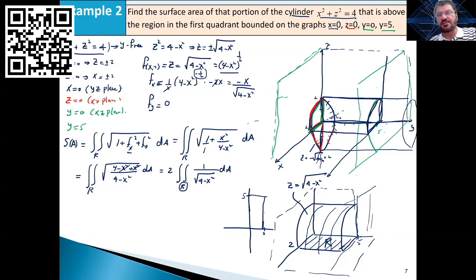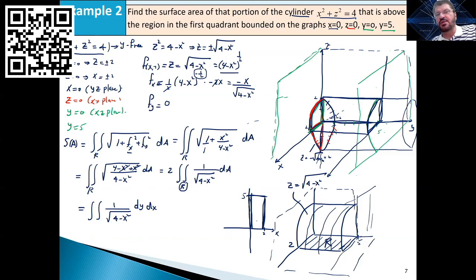That's the region. It's a rectangle. You can take it as a region of type 1. So that means on the x-axis, this is equal to the double integration of 1 over the square root of 4 minus x squared. And now I'm going to make this one dy dx, region of type 1.